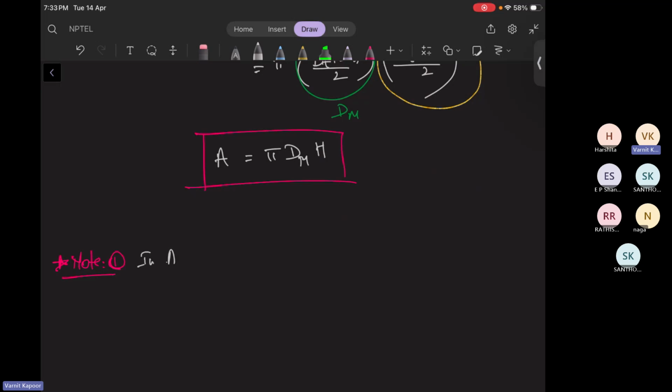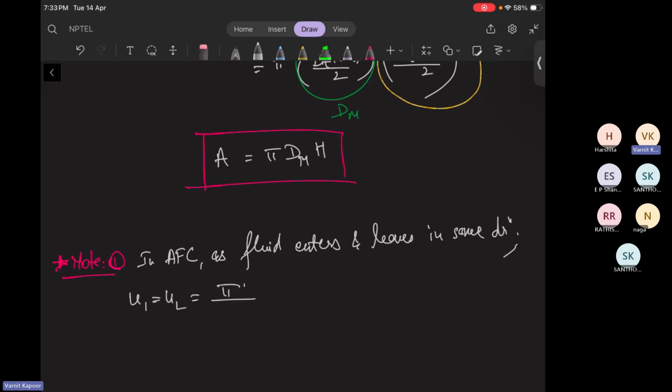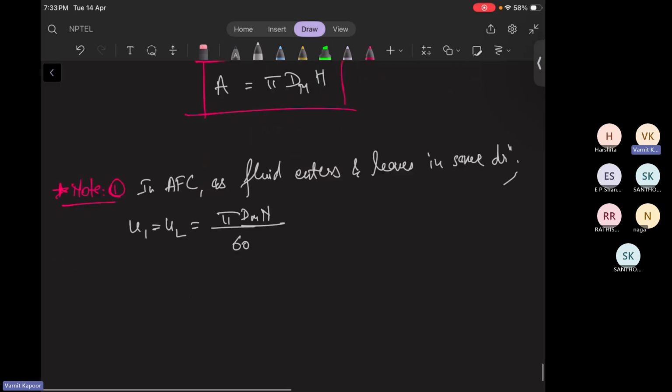In AFC, as fluid enters and leaves in the same direction, u1 is equal to u2, and it is equal to pi d mean into N by 60.